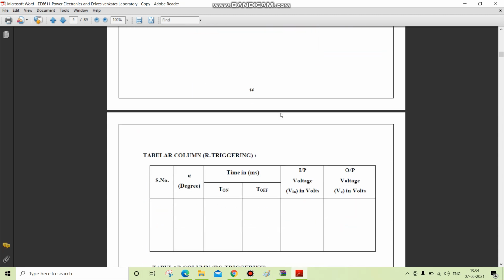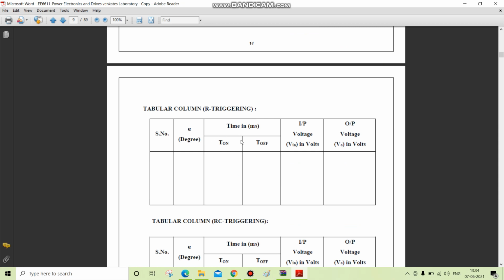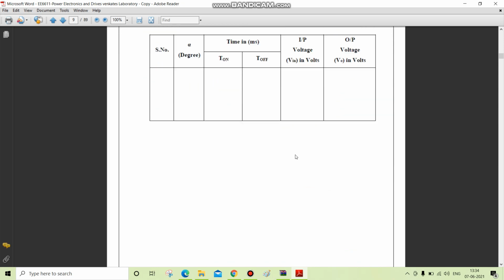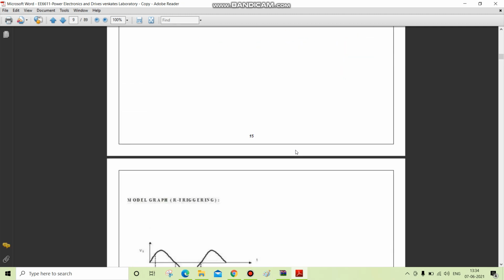The readings will be taken for R triggering, RC triggering and UJT triggering from the CRO. We note the time period, the triggering alpha angle through the CRO, and the input and output voltage in volts, and the model graph is shown here. For the above tabular readings the graph should be plotted.